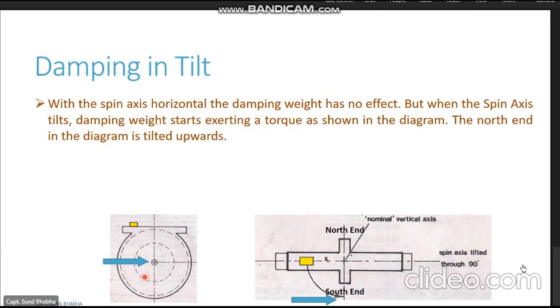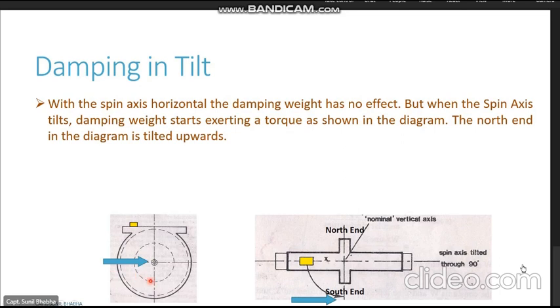This is how the arrow is trying to push the south end of the spin axis when the north end is tilted upwards. So with the north end tilted upwards, this is how the offset weight or the damping weight is trying to push the south end of our spin axis.